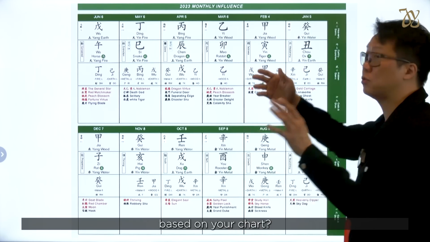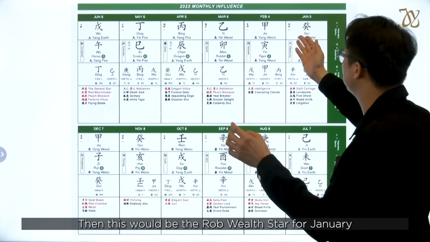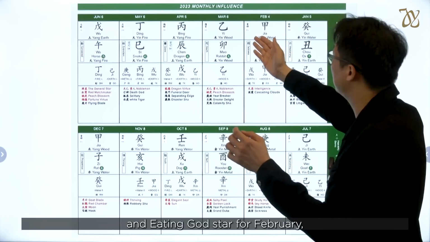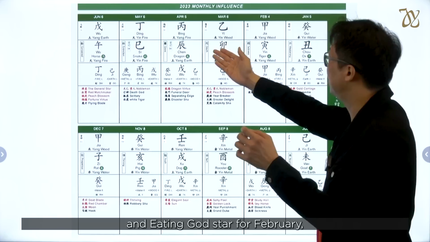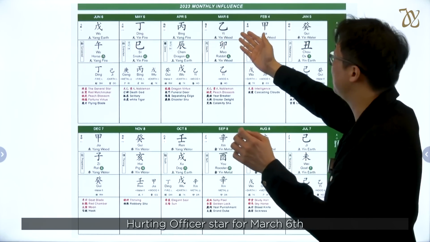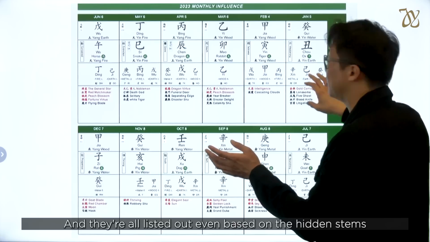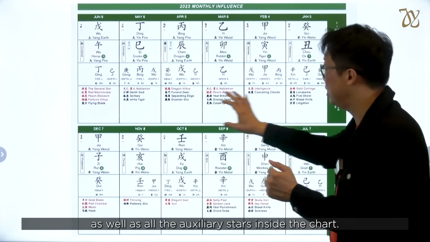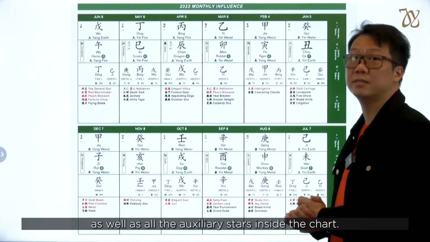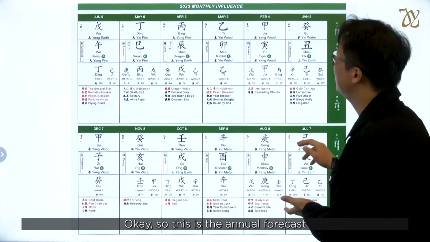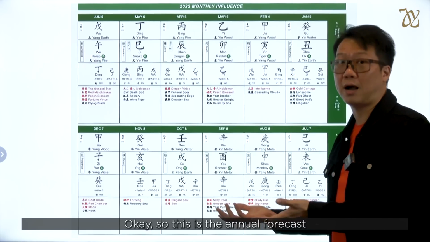So based on your chart, this would be the Rob Wealth star for January, an Eating God star for February, Herding Officer star for March 6th to April the 4th, for example. And they're all listed out even based on the hidden stems, as well as all the auxiliary stars inside the chart. Okay, so this is the annual forecast.